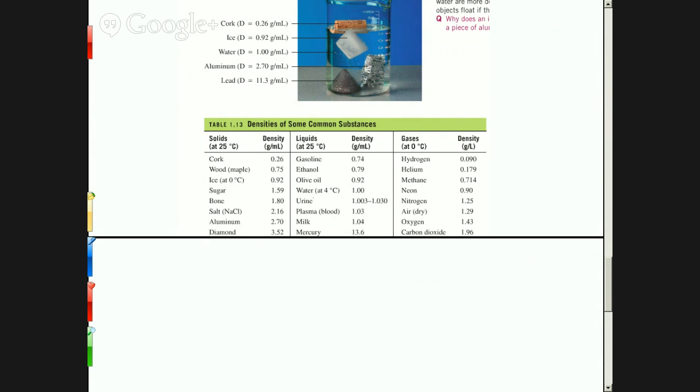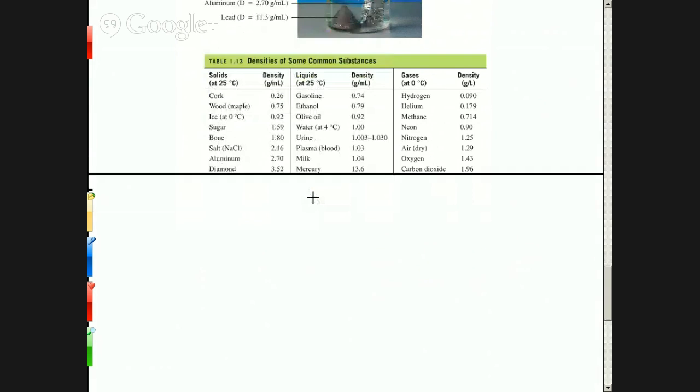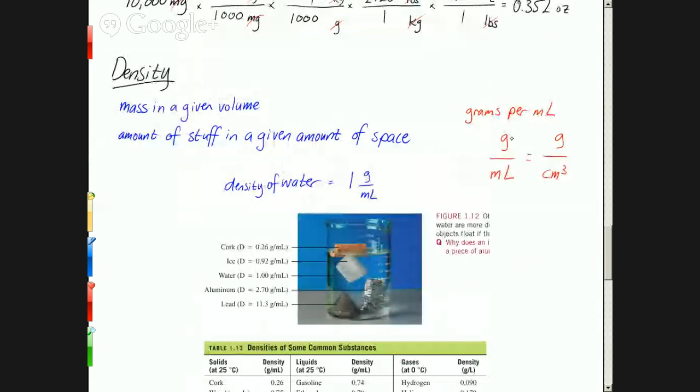So that's density. Now, with our last little bit of time here, let's look at how density can fit into some of these conversion problems. What density allows us to do is relate a mass with a volume.